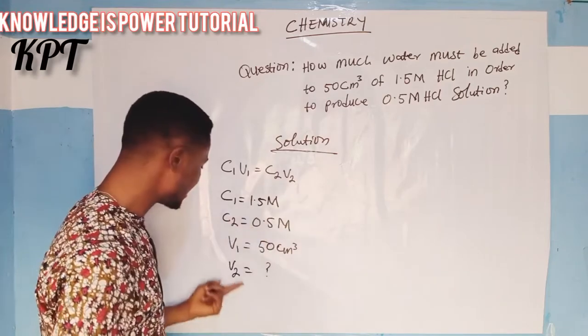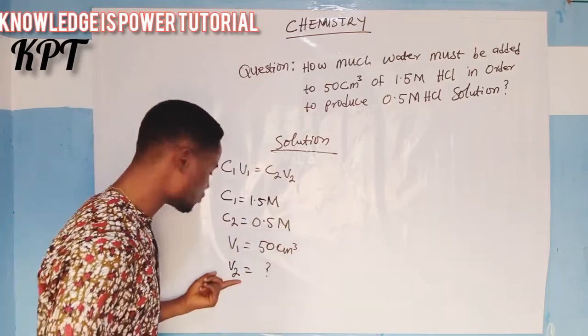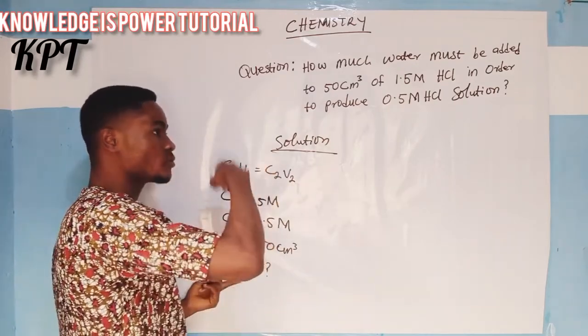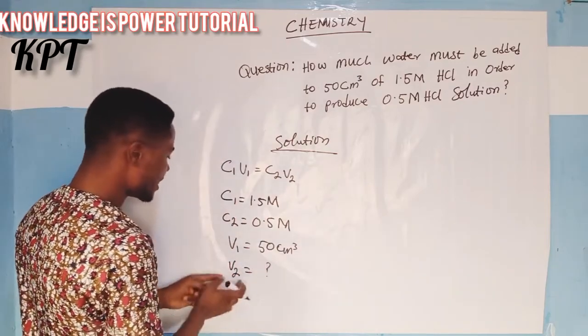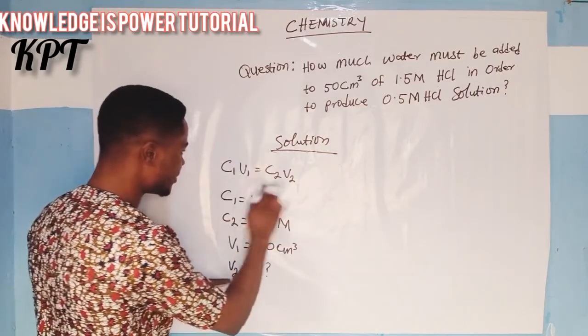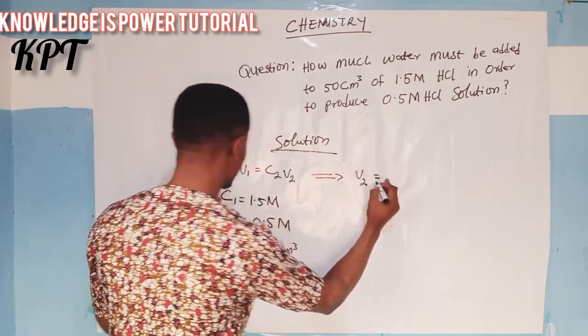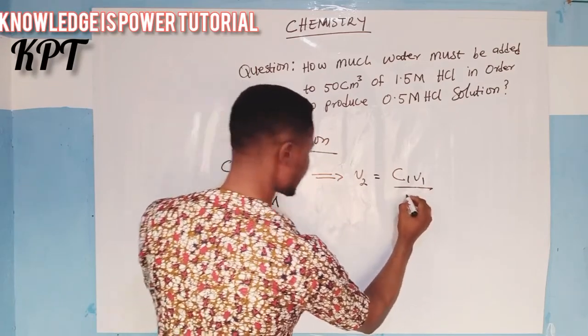Note that this V2 is not the volume of water that was added. The V2 which we are about to find is the volume of the acid after some amount of water was added. So making V2 the subject of the formula, we have V2 equal to C1V1 all over C2.